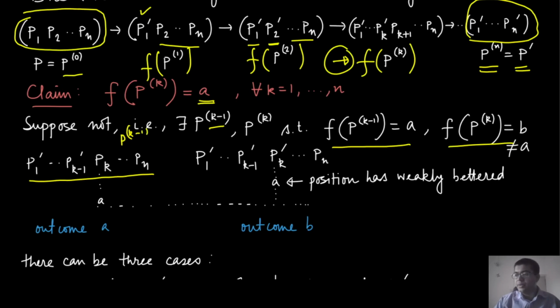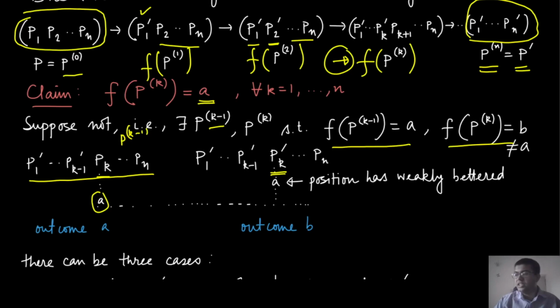So here player K had this preference pk, and only player K's preference has changed to pk prime in this transition. The other thing to notice is that because these p primes have a very specific structure, the position of A from pk to pk prime only weakly increases, right?